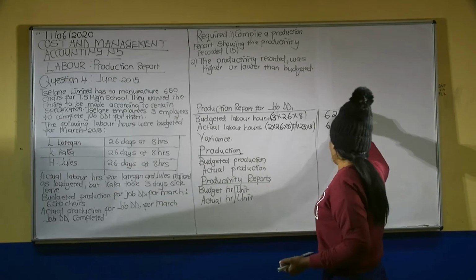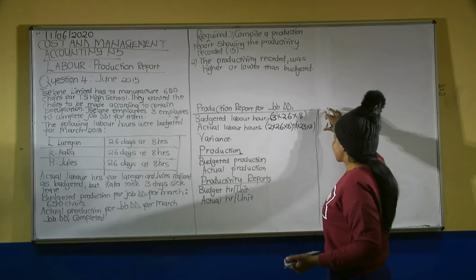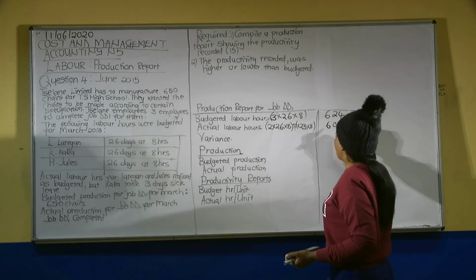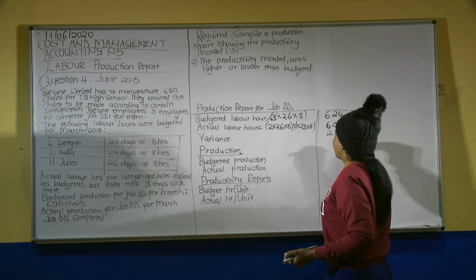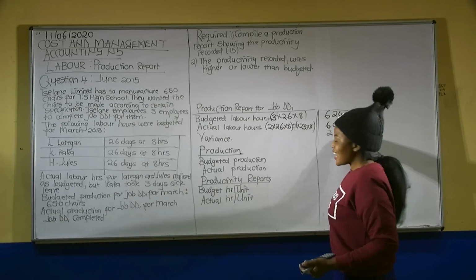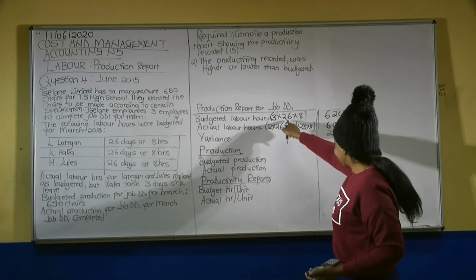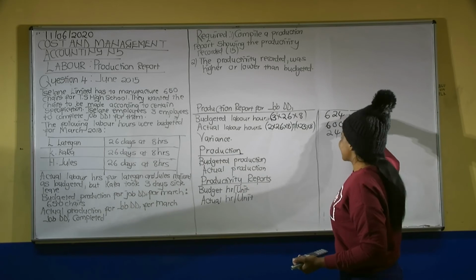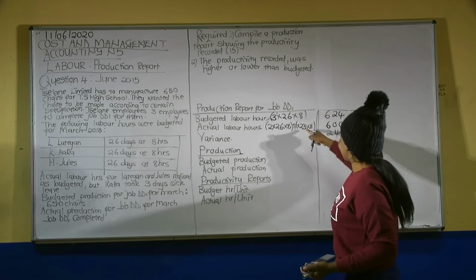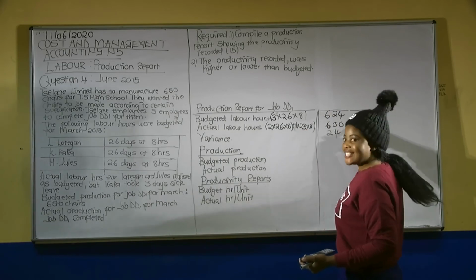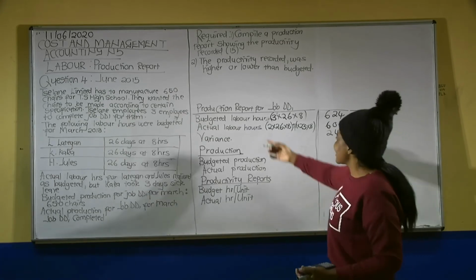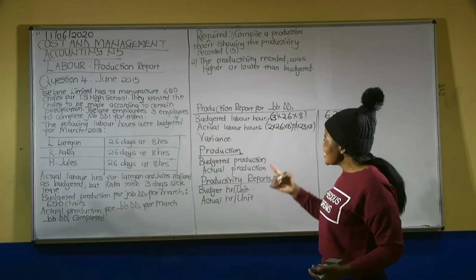And you have to find the variance in hours. It is favorable because the company expected these employees to work more hours.